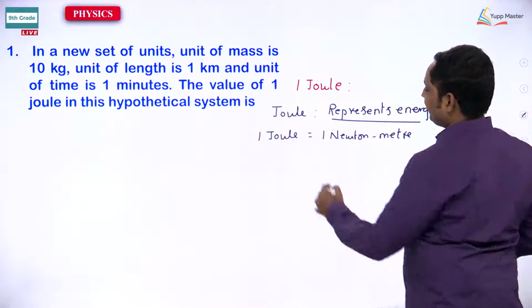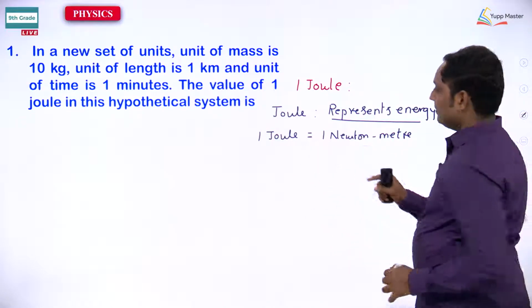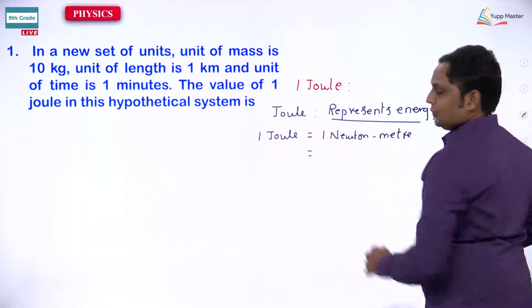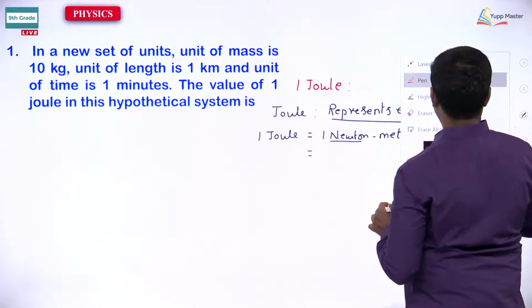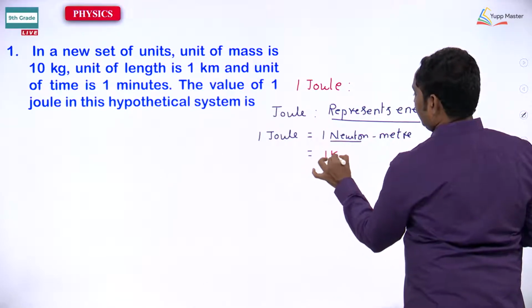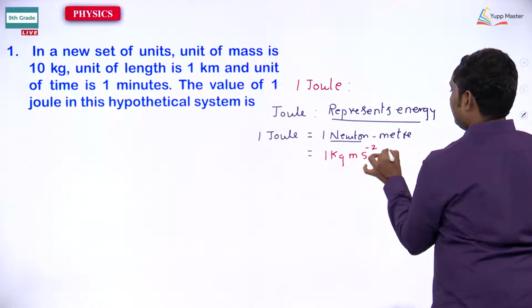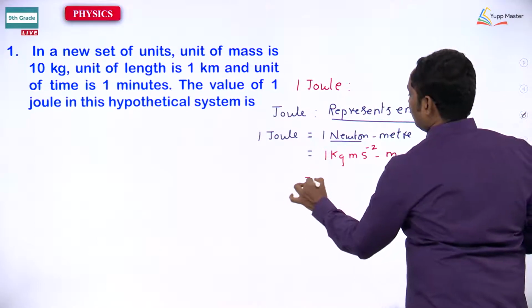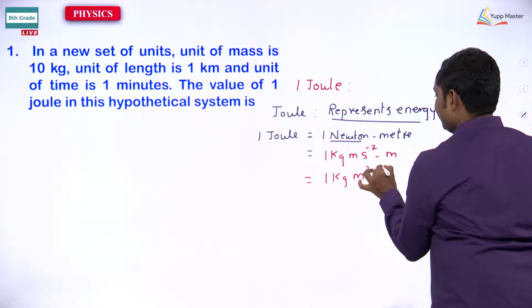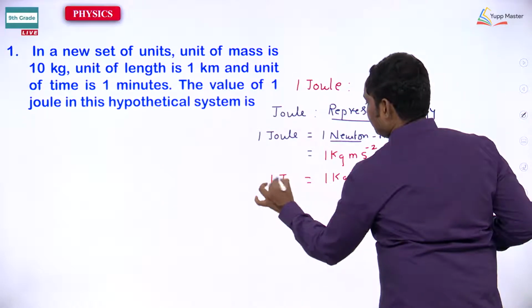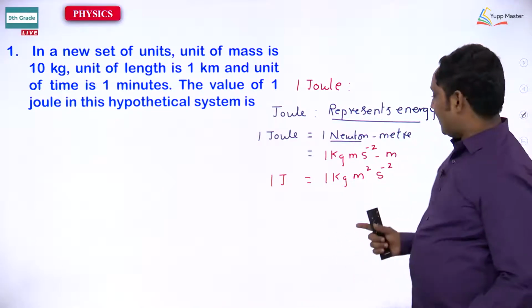Simply, you can write 1 Newton as 1 kg meter per second square, into meter. So you get 1 kg meter square per second square for 1 joule. This is the expression that we have.